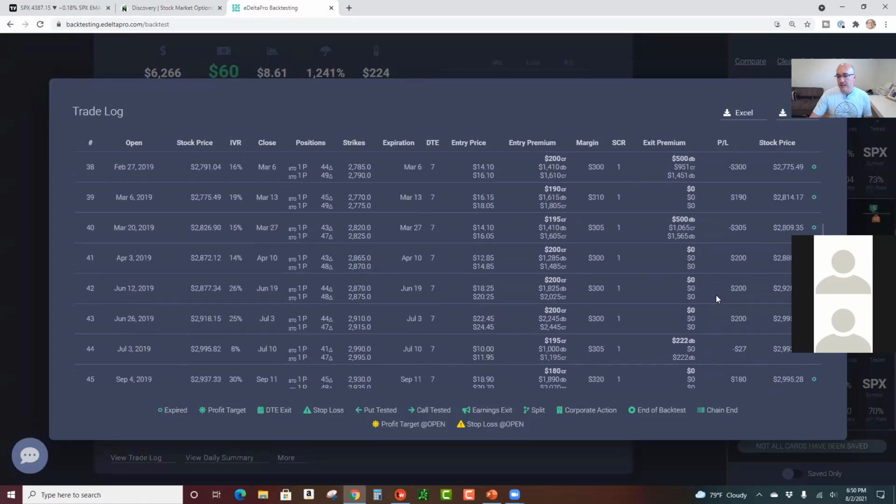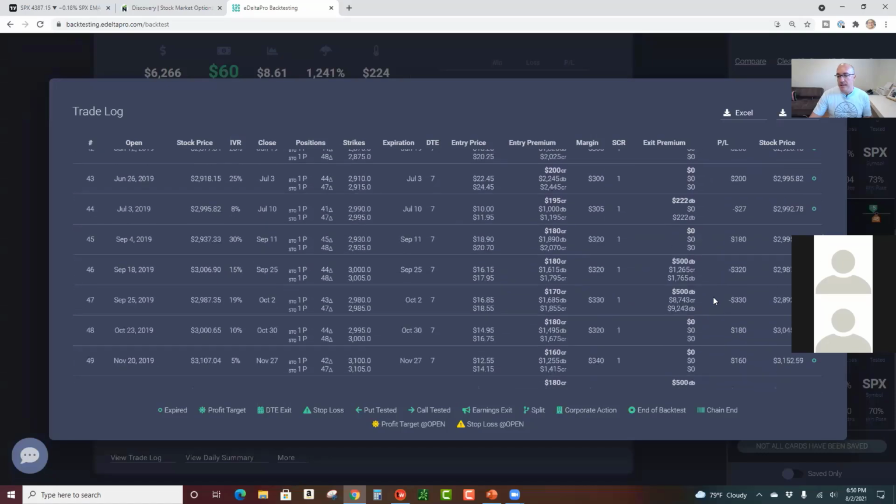Something to understand about probabilities is that the distribution of the wins and losses is completely unknown, right? We're looking at this one snapshot back in time, but moving forward, the pattern of wins and losses is going to be completely different. But given that we're taking over 100 trades, 140 trades, something like that, that's enough evidence, if you will, for me to say, okay, I'm going to trade this.